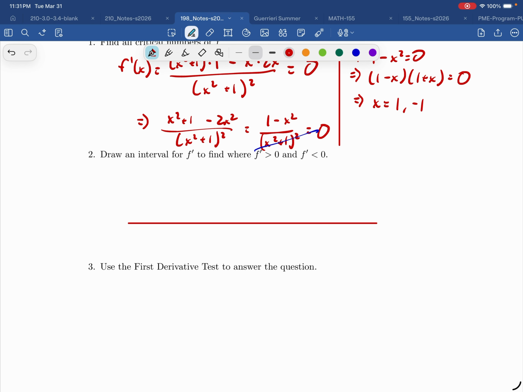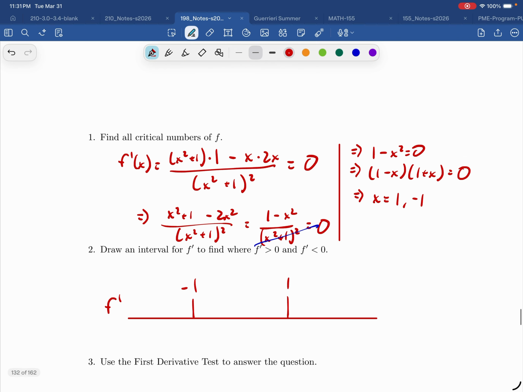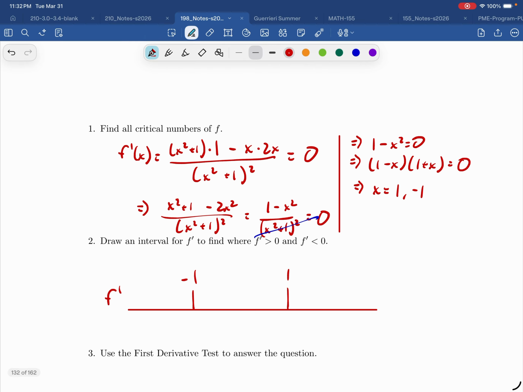So again, we have our f prime, we have our negative 1, we have our 1. And we're going to go back to f prime. Now be a little careful here. Make sure that you have f prime before you've changed it. So this was our most simple form of f prime. Let me just maybe write it over here in blue. F prime of x equals 1 minus x squared all over x squared plus 1 quantity squared.